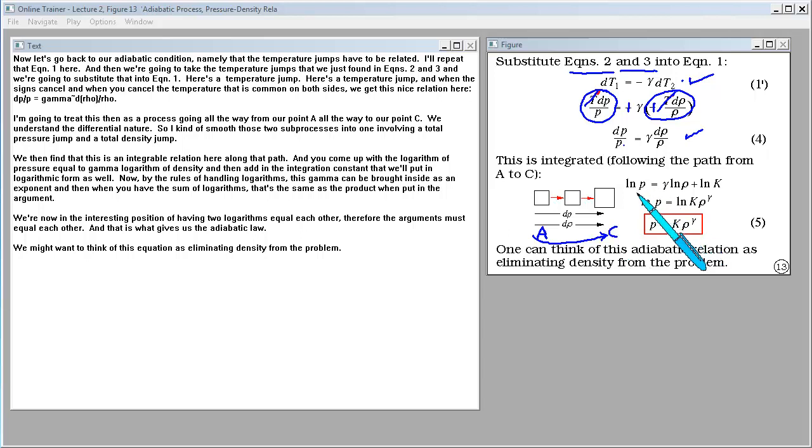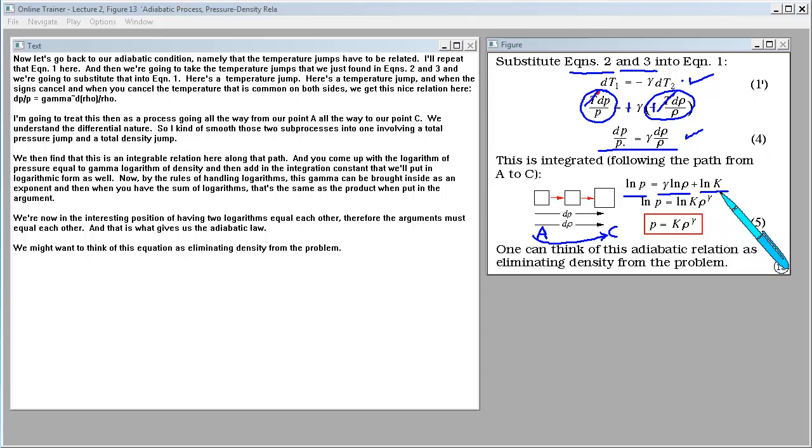We then find that this is an integrable relation along that path, and you come up with the logarithm of pressure equal to gamma times the logarithm of density, and then add in an integration constant that we'll put in logarithmic form as well. Now, by the rules of handling logarithms, this gamma can be brought inside as an exponent. And when you have the sum of logarithms, that's the same as the product when they're put in the argument.